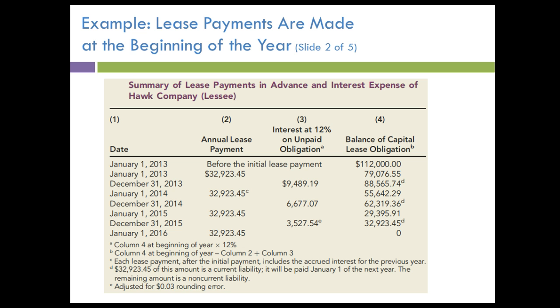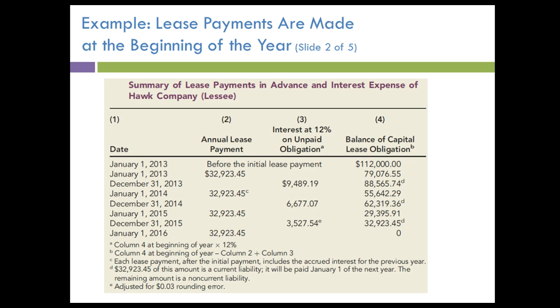Again, looking at the chart here, you can see the obligation starts at $112,000. The annual lease payment is subtracted right away because it's at the beginning of the period, and the interest will be paid on the remaining capital lease obligation. So that interest payment of 12% is going to occur on the $79,076.55 in this case, because this was an annuity due at the beginning of the period instead of an ordinary annuity.